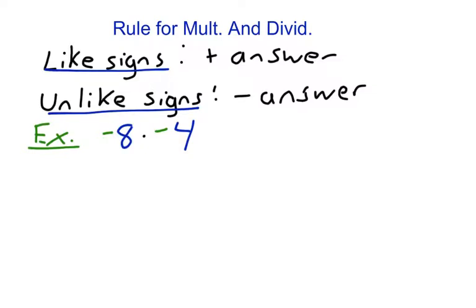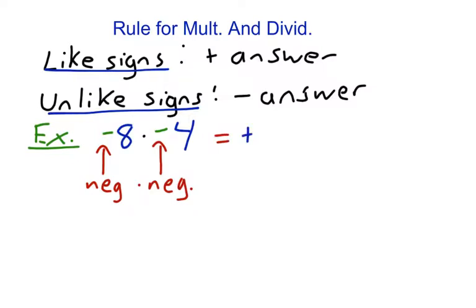I'm looking right here. This is a negative, and that's a negative. So a negative times a negative. Does that mean they're like signs or unlike signs? Well, they're both the same. So that would be like signs. So like signs give us a positive answer. So that means our answer has to be positive.